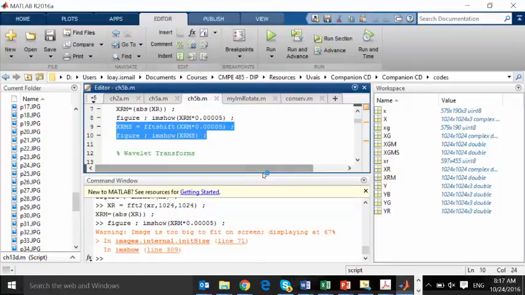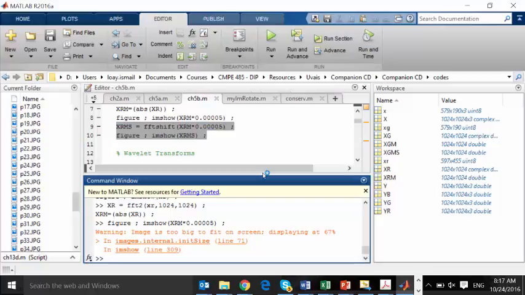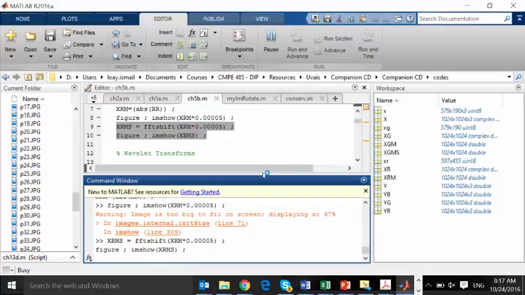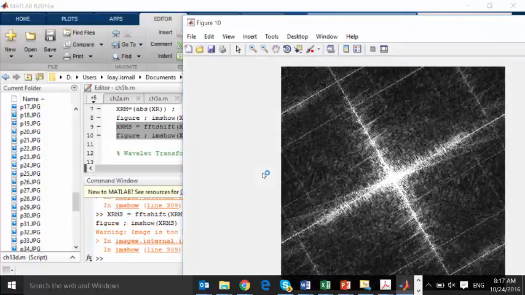The center point corresponds to the low frequencies, and as we go further from this point, the frequency will increase. Clear? Okay. So this is for the Fourier transform.